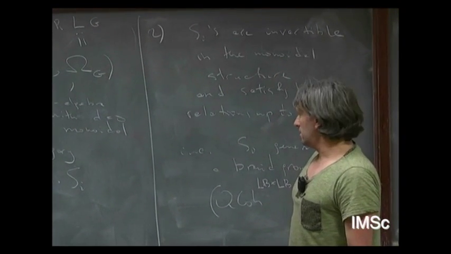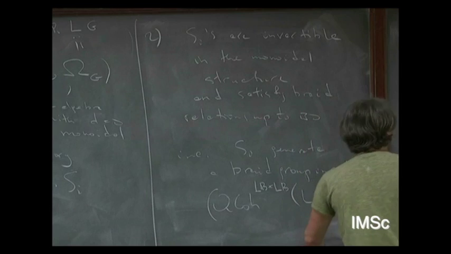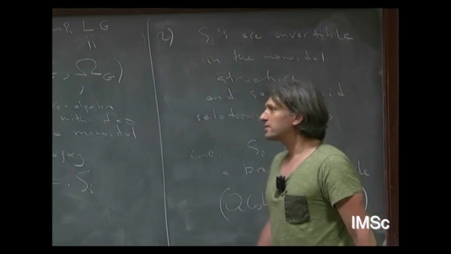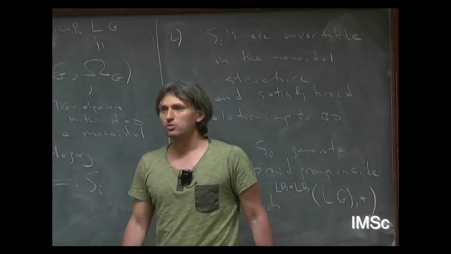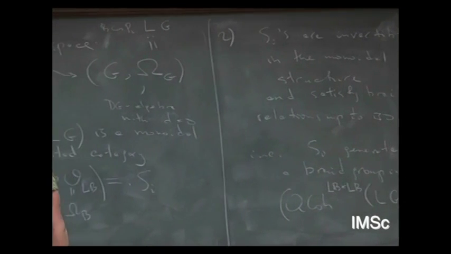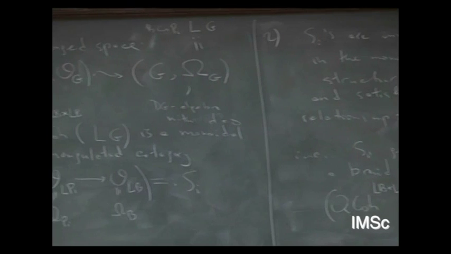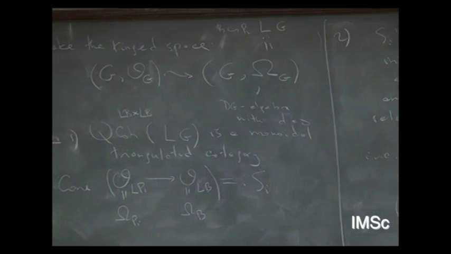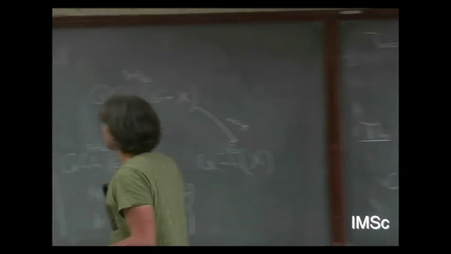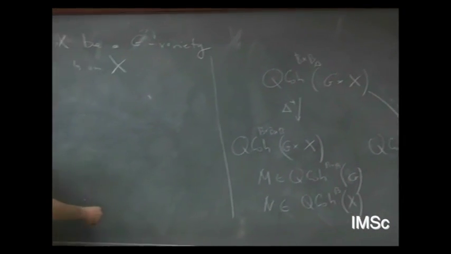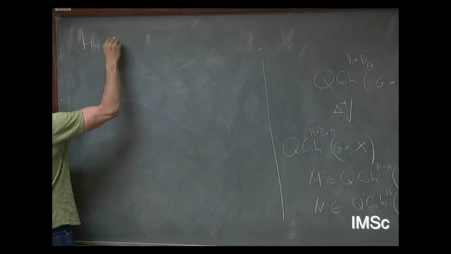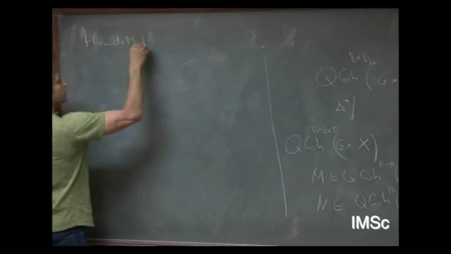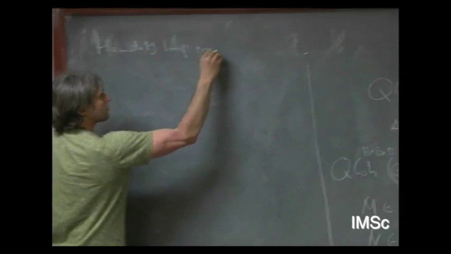So maybe, you know what? Just to lose the rest of the audience, let me explain why this is the reasonable notion of a loop group. So, like before, homotopy loop group kind of. So now this is algebraic topology.